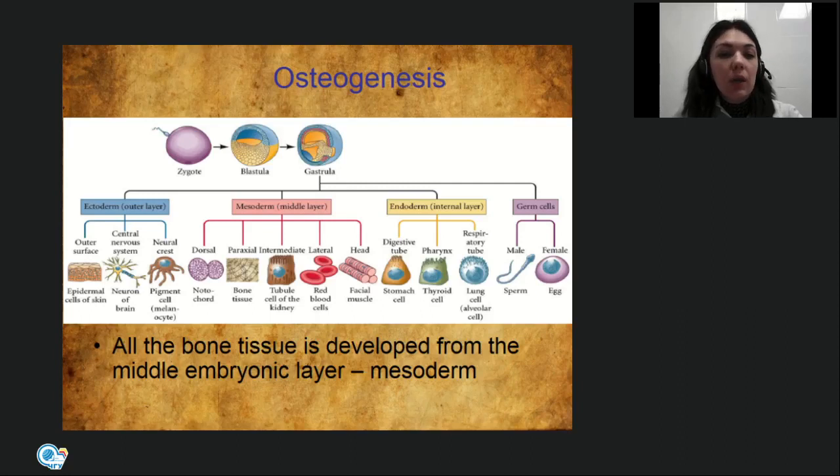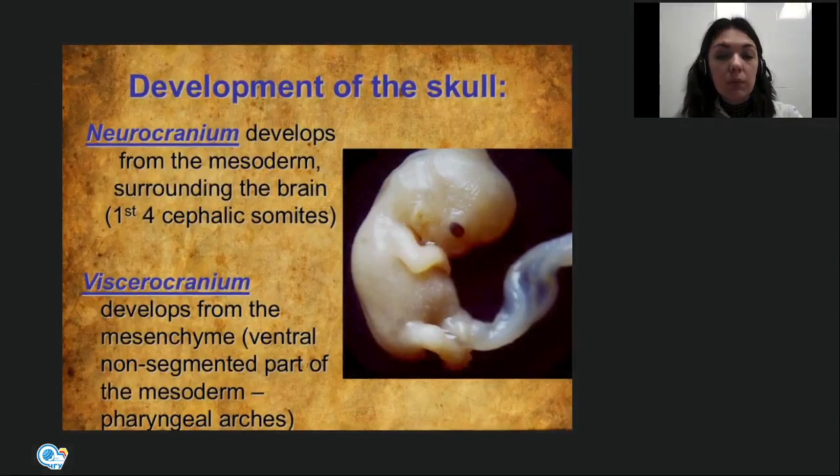Mesenchymal cells are derivatives of the mesoderm. Last week we said that the vertebral column develops from paraxial mesoderm, skull bones develop from mesoderm surrounding the brain, and bones of upper and lower limbs develop from somites.